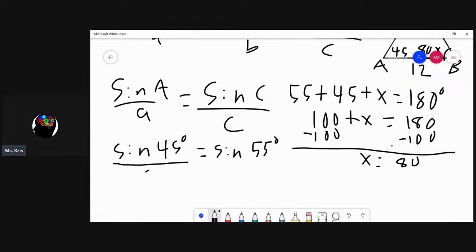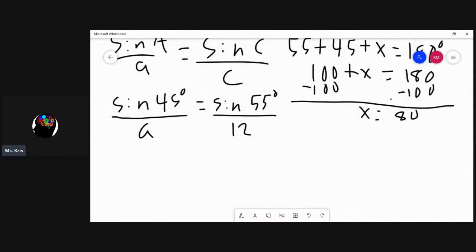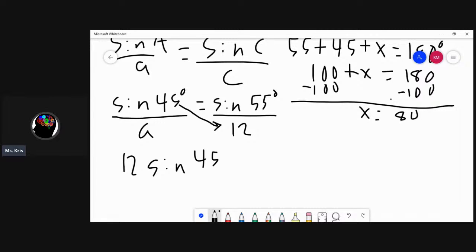And we're looking for A, and C is 12. So, of course, you what? Cross multiply with these two fractions. When I cross multiply, I do 12 sine 45, because 12 times sine 45 degrees is 12 sine 45.